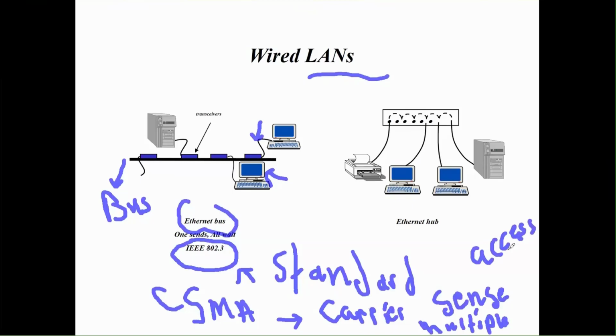One more time, CSMA is Carrier Sense Multiple Access. What does it mean? Carrier sense means I'm sensing before I send. Suppose this guy A wants to send, right? This is a LAN. They will typically broadcast it, but before they broadcast, they want to make sure that B, for example, is not also broadcasting.